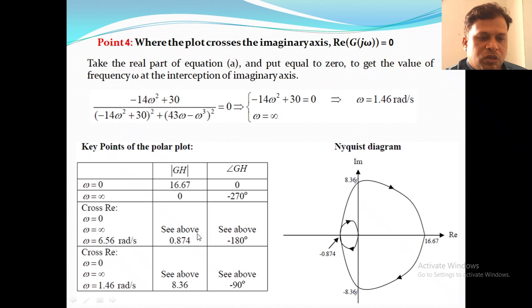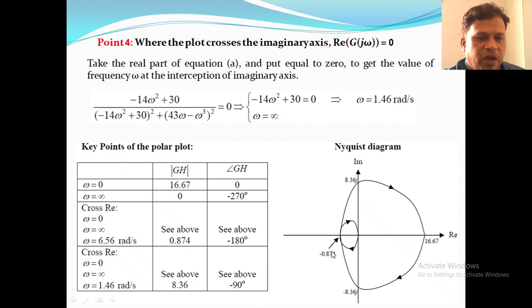So the value is 0.874 here. If you start the graph here, the arrow is showing the values 16.67 crossing over minus 8.36, and this is making a loop here, and minus 0.874, and again 8.36 to the same value, that is 16.67.